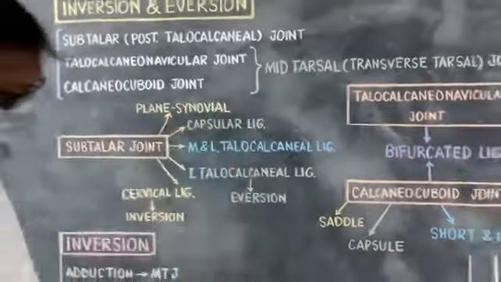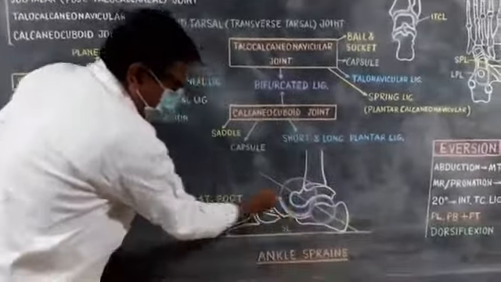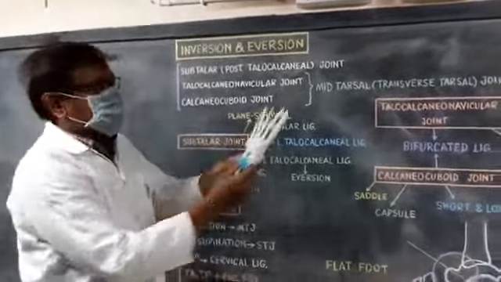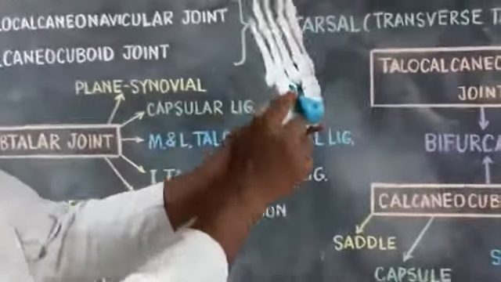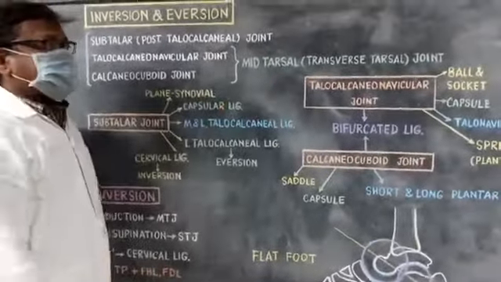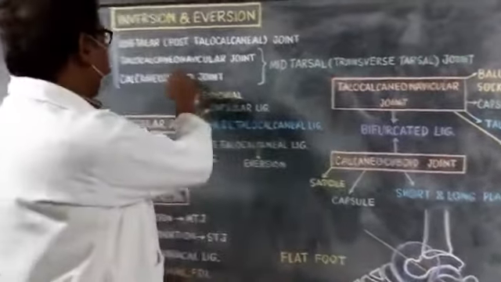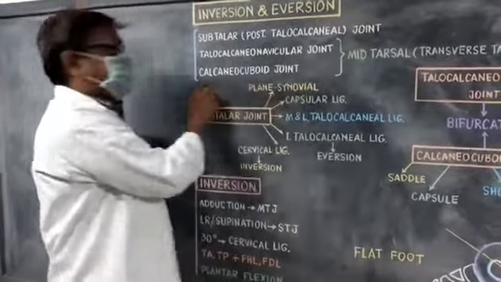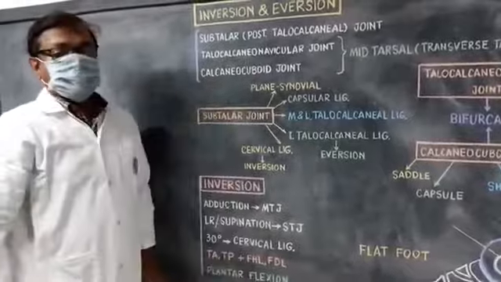This is the talocalcaneonavicular joint. And calcaneocuboid joint. This is the calcaneocuboid joint. Mid-tarsal joint or transverse tarsal joint includes these two joints, that is talocalcaneonavicular joint and calcaneocuboid joint.